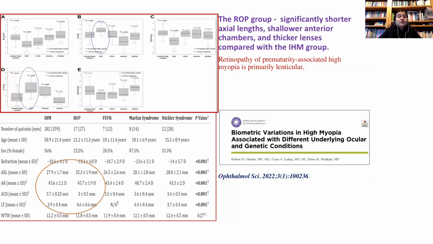Anterior chamber depth was shallow, in the range of 3 with a standard deviation of 0.5 millimeters, and lens thickness was pretty high, in the range of 4.6 with a standard deviation of 0.6 millimeters. Thus, the authors stated that the ROP group had significantly shorter axial length, shallow anterior chambers, and thicker lenses compared with the isolated high myopic group, and they concluded that retinopathy of prematurity associated high myopia is primarily lenticular.